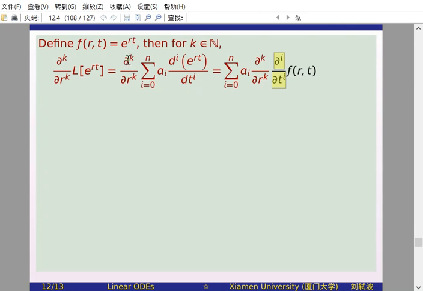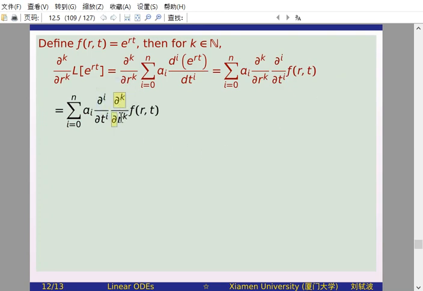So we can move the partial derivative with respect to r inside the summation, even inside the coefficient a_i, to get this result. Then these two derivatives can be switched by a result from multivariable calculus. I don't know whether you have learned this theorem in your current calculus 2 course, but there is a result that first taking the derivative with respect to t and then with respect to r, the order can be switched.